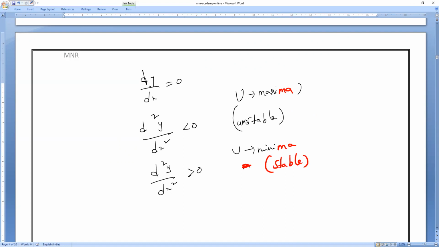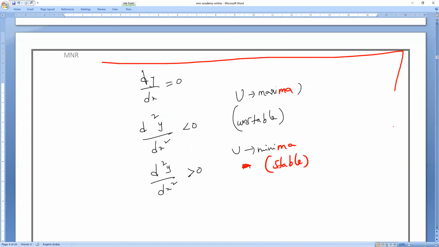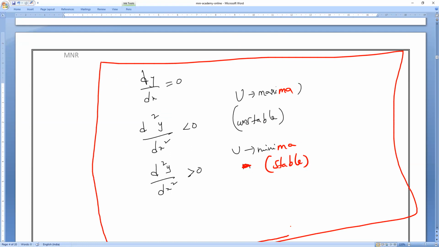So if d square y by dx square is greater than 0, then potential energy is minima, so that it is stable. If it is less than 0, then it is unstable. That is one. This is very, very important, so please have a glance so that you can proceed with the numericals. I hope you all understand.